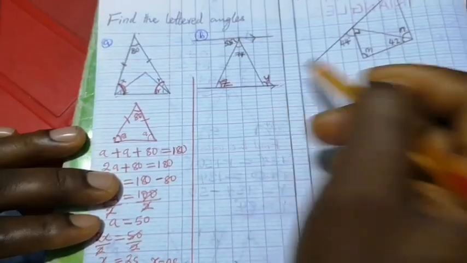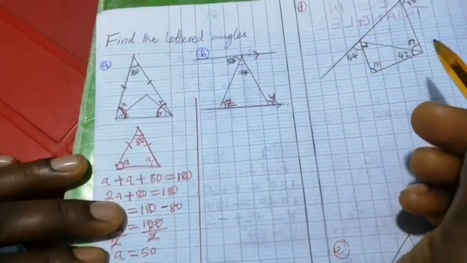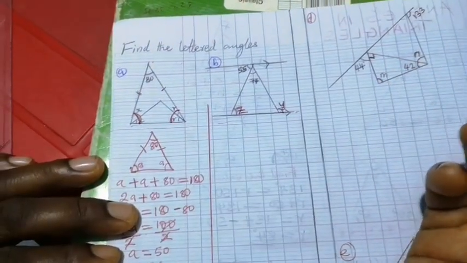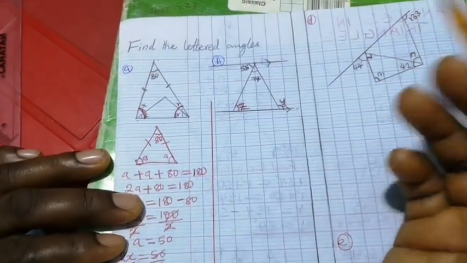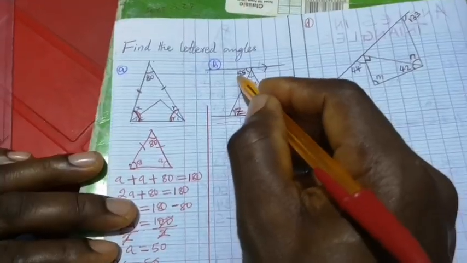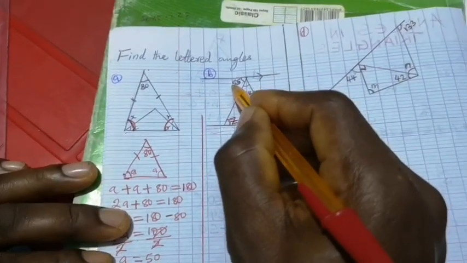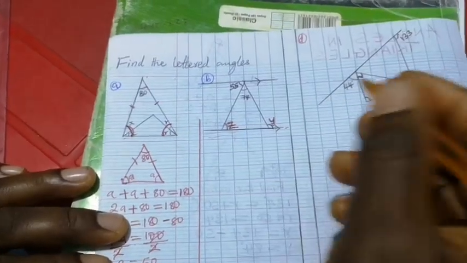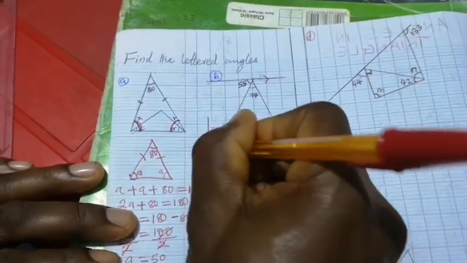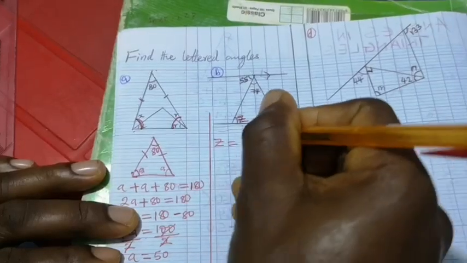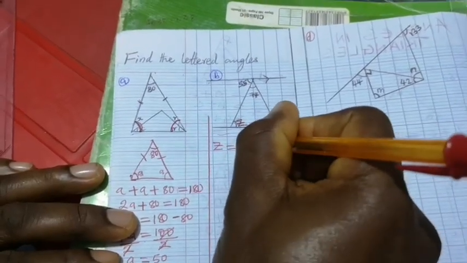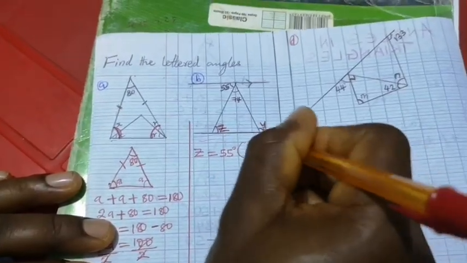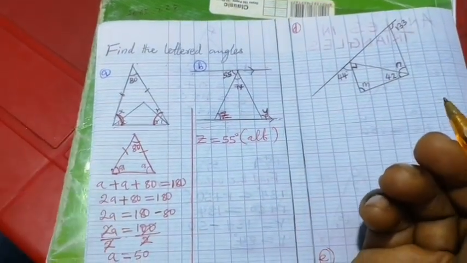So in parallel lines, we begin to consider alternate angles, corresponding angles, vertically opposite angles. So let's check if we can see any of these here. Now 55 and Z, they are equal, alternate angles. So we have that Z is equal to 55 degrees, and our reason is that they are alternate angles. Okay, alternate angles are equal.